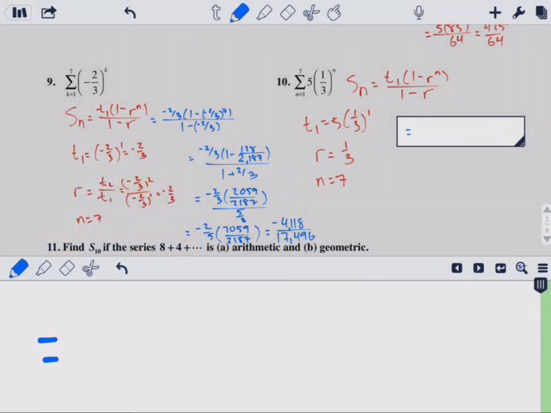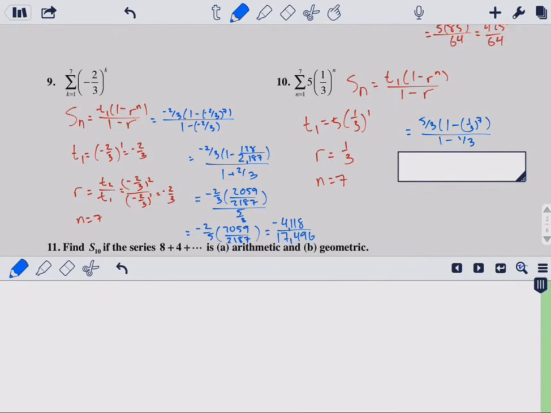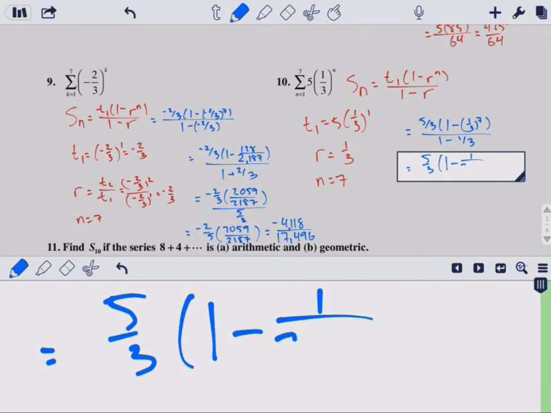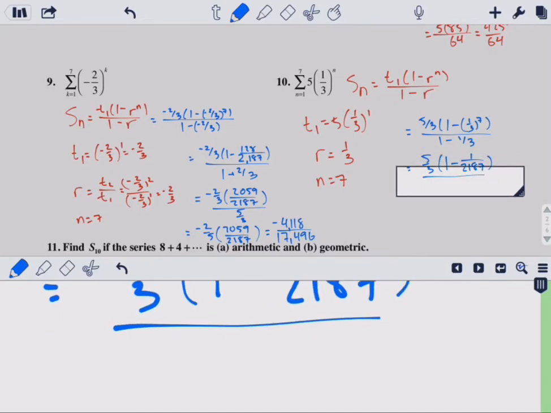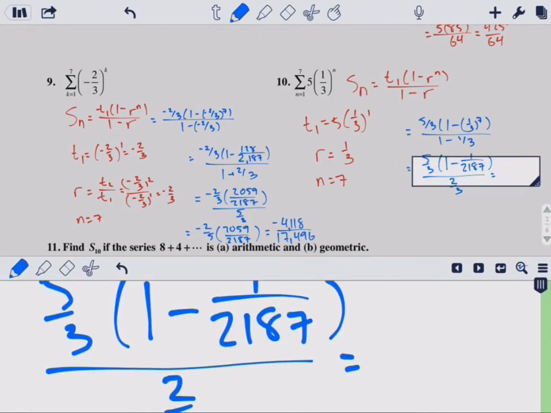So t sub 1 is 5/3. 1 minus 1/3 raised to the 7th over 1 minus 1/3. Okay, so 5/3 times 1 minus 1 over 2187 all over 2/3. And so that reduces a little bit.